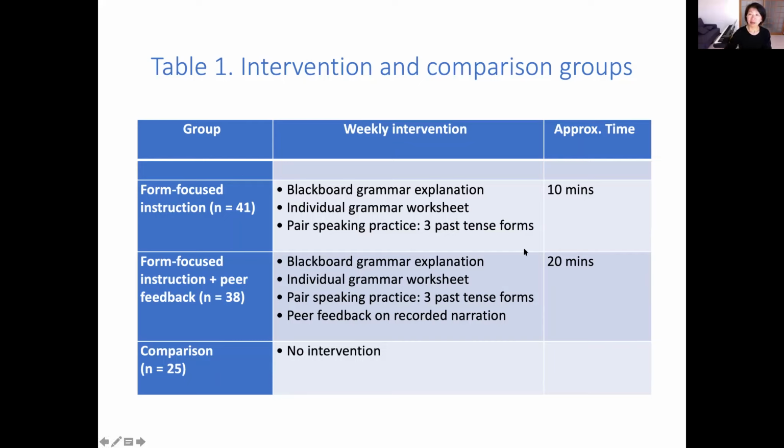Then for my stronger amount of intervention, I gave them both the grammar explanation plus peer feedback, where they gave feedback to each other's narration.